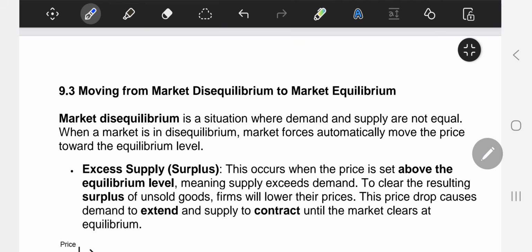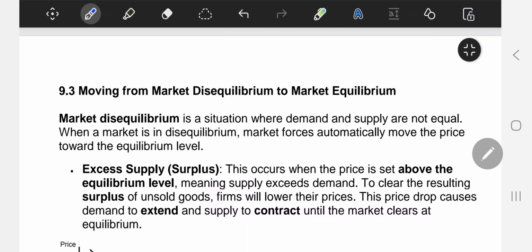So when the market is in disequilibrium, the forces of demand and supply should automatically move the price towards the equilibrium level. Let's begin with a situation where we have excess supply. In case we have excess supply, this means suppliers are bringing to the market more than the consumers can buy, and this will occur if the price is above the equilibrium.